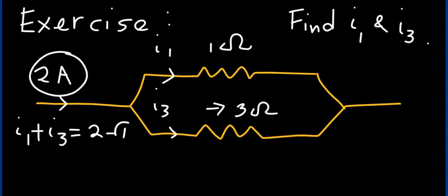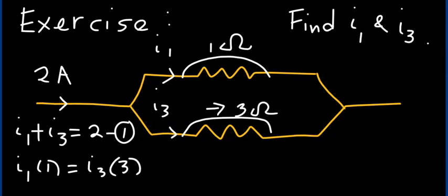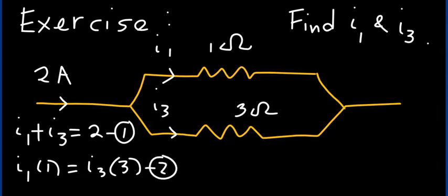So that's equation 1. The second thing to note is that the potential difference across the 1 ohm resistor and the 3 ohm resistor must be the same because they're connected in parallel. So we say I1 times 1 must be the same as I3 times 3 according to Ohm's law. Potential difference across a particular resistor is the current times the resistance. So that is equation 2.